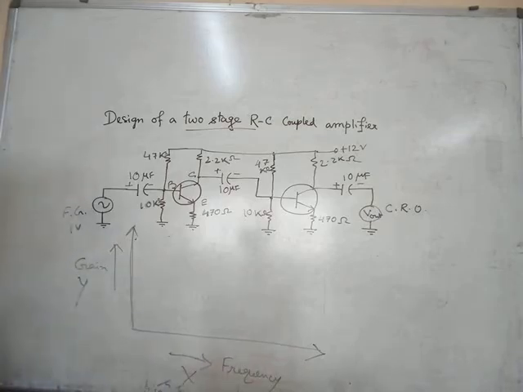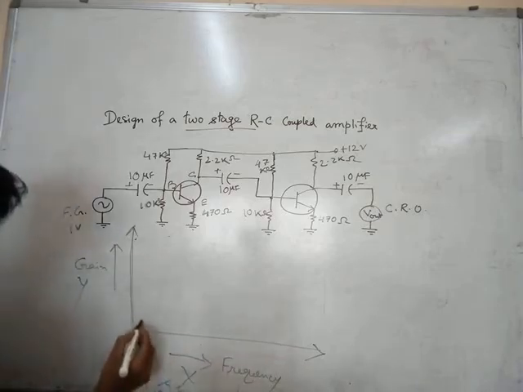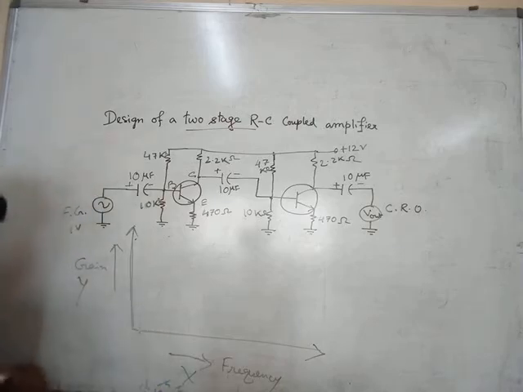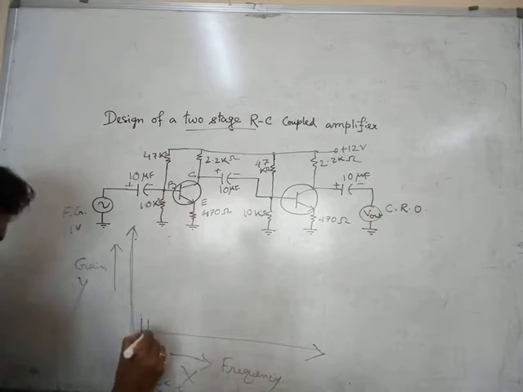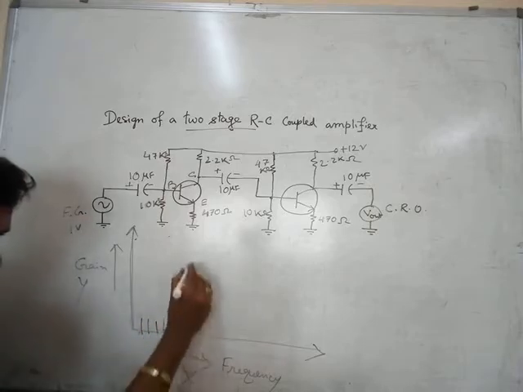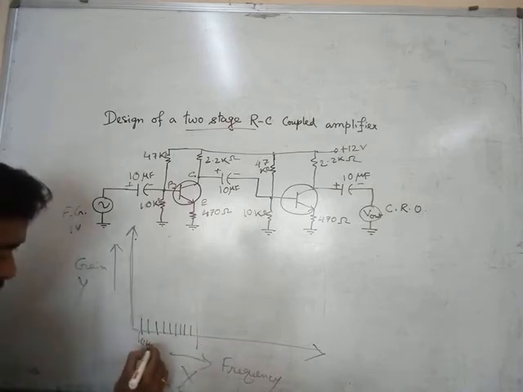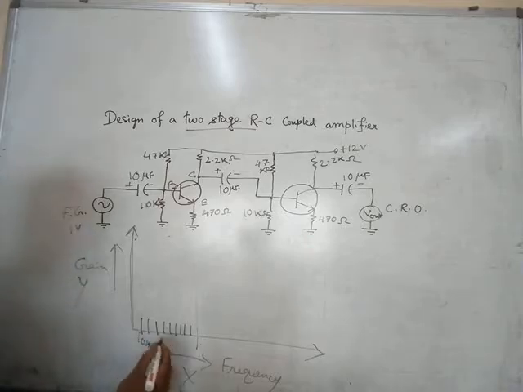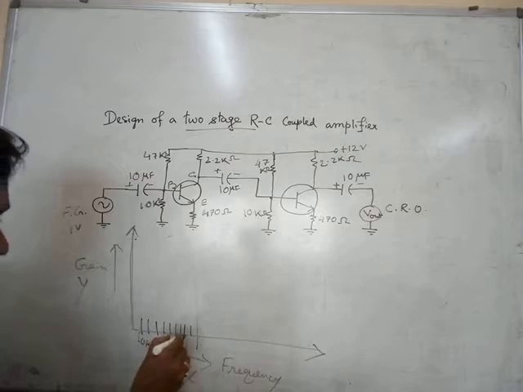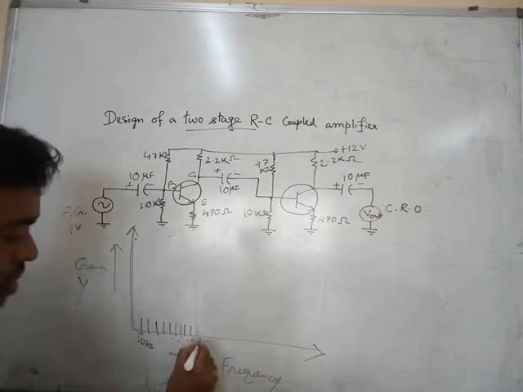Now how we calculate? There are 10 divisions. 1, 2, 3, 4, 5, 6, 7, 8, 9 and 10 division. If you take first division 10 Hz, then it is 20 Hz, 30 Hz, 40 Hz, 50, 60, 70, 80, 90 and this is 100 Hz.